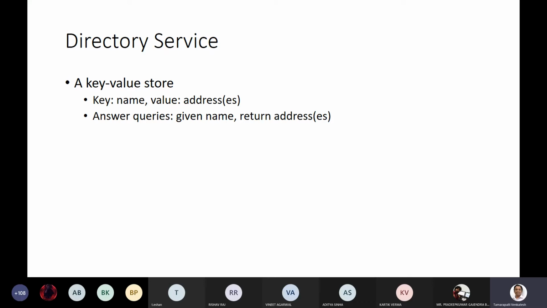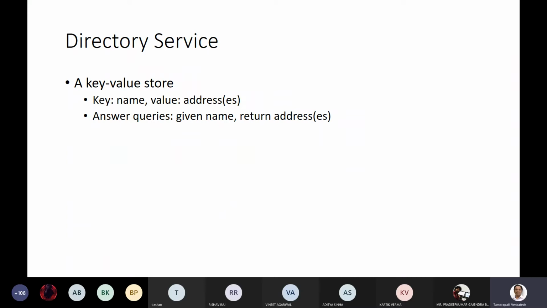In our context, DNS, we can say the key is the domain name and the value is the IP address or set of IP addresses. The key value store is maintained either in a centralized location or in a distributed manner across different locations. And the directory service is mainly responsible for answering queries of the type: given a name, return the set of addresses or return the address that corresponds to the name.